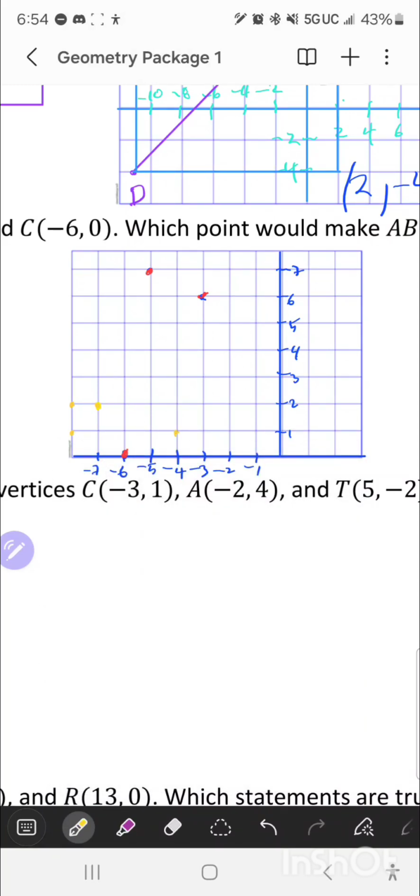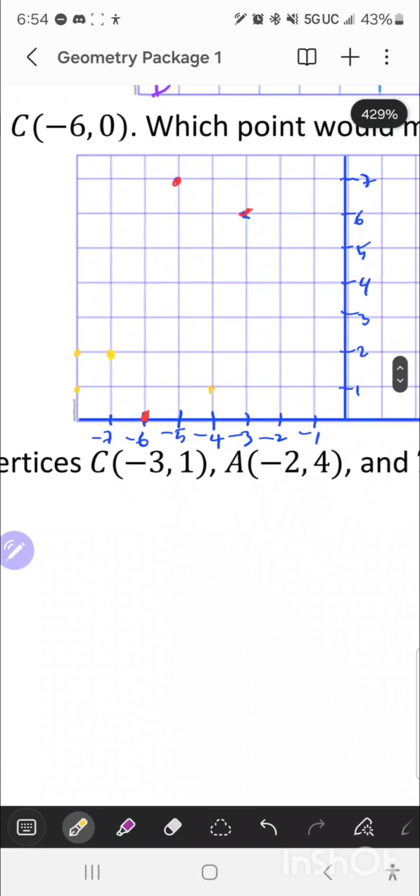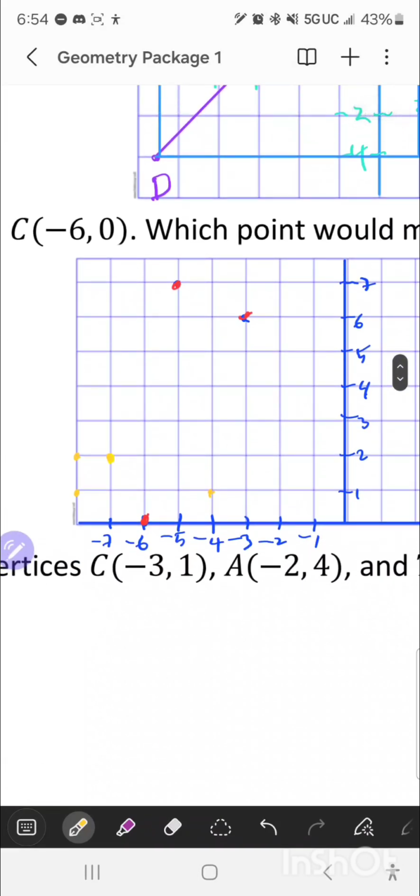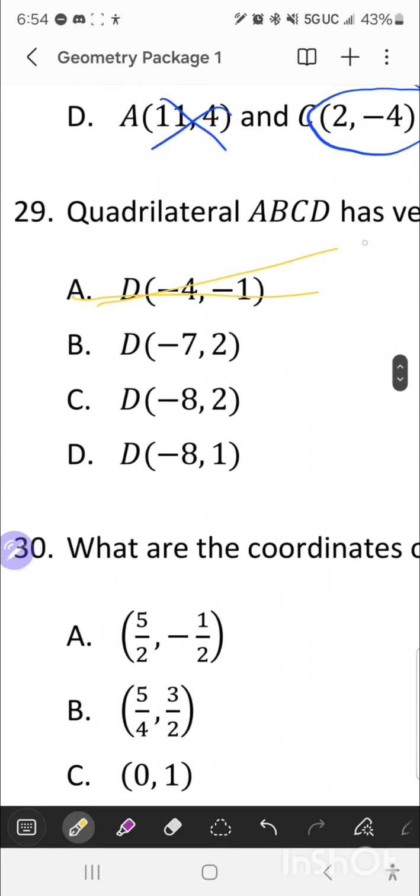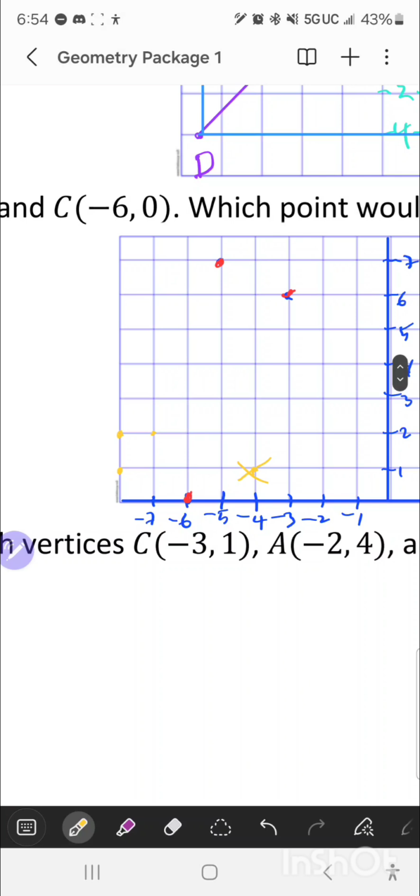If we wanted to make a rectangle by only visualizing, I know negative 4 comma 1 cannot be the answer, so I'm going to delete it.